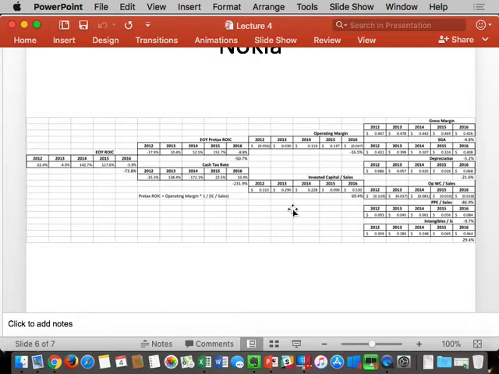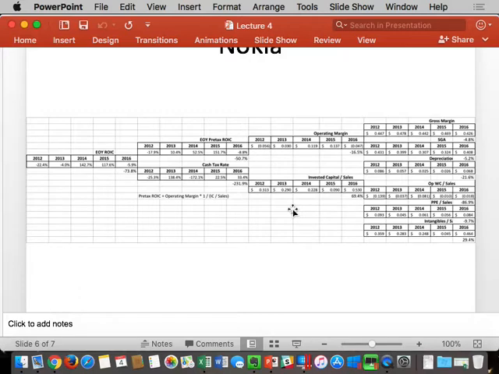But nonetheless, really hurt their profitability. In terms of invested capital to sales, again, 31.3 to 53. Again, most of it went from 9 cents in 2015 to 53 cents in 2016. So again, probably acquisition related.